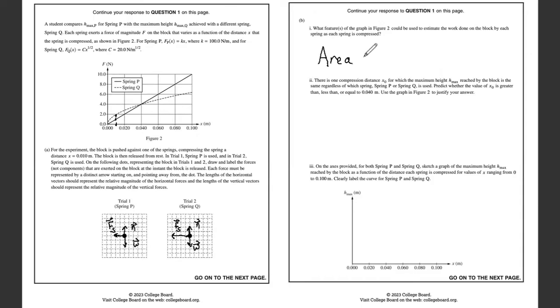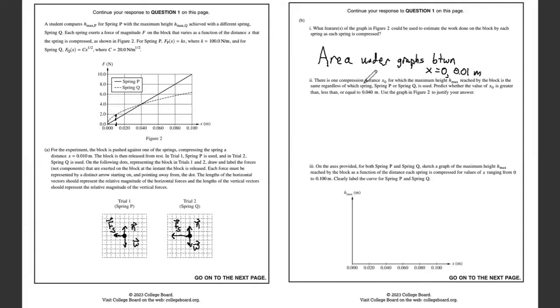So the area under the graphs, and that's going to be between x equal to 0 and x equal to 0.01 meters. Sorry, I keep missing that 0 there. 0 and 0.01 meters.